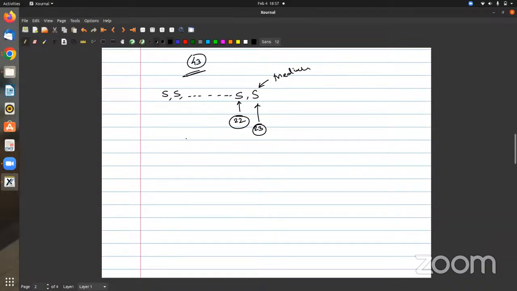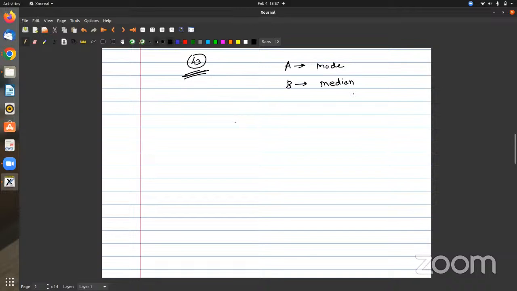This question has a logic, so we have to arrange the logic in our mind. From the 4th question it is said that A will take the mode size jersey, and B will have the median size of jersey. Okay, this is correct, right?